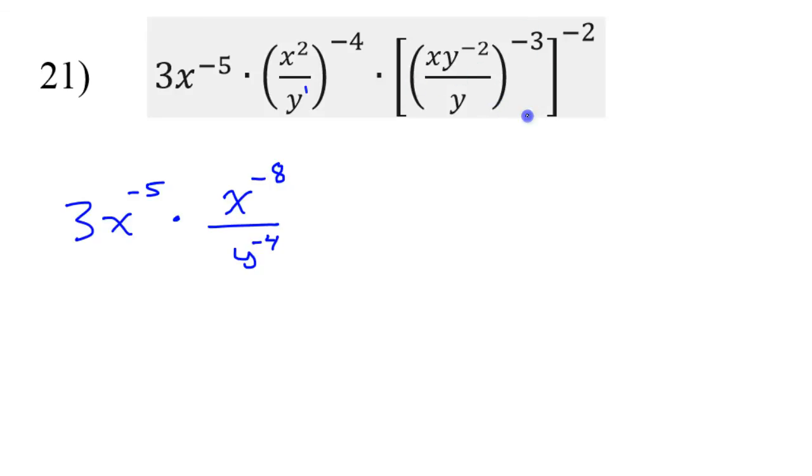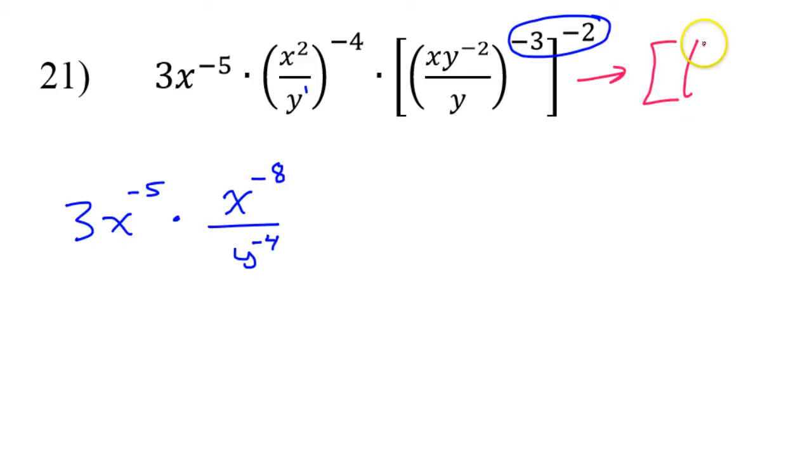So one thing I can do, if I work from the outside in, dealing with the bracket first, you're going to wind up multiplying this. So if I just redo this real quick, I have x, y to the negative 2 power over y.